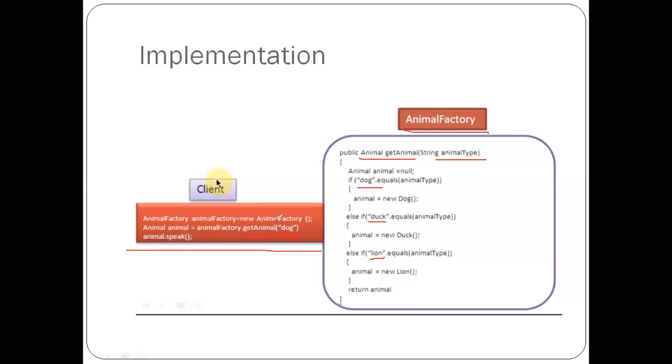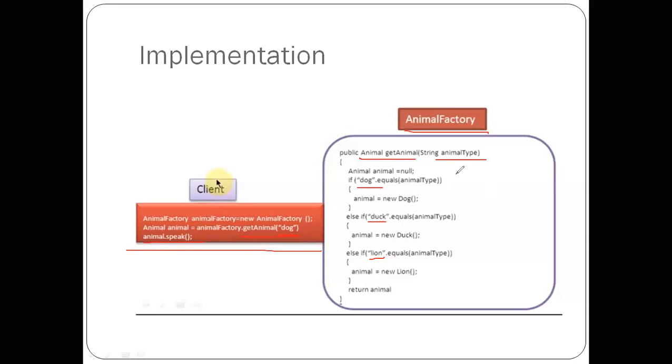We are passing the argument dog to this method. Accordingly, we access the animal speak method, and it will return a bark sound. Like this we implement the factory pattern here.